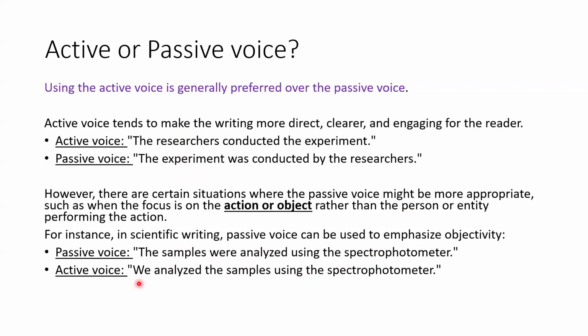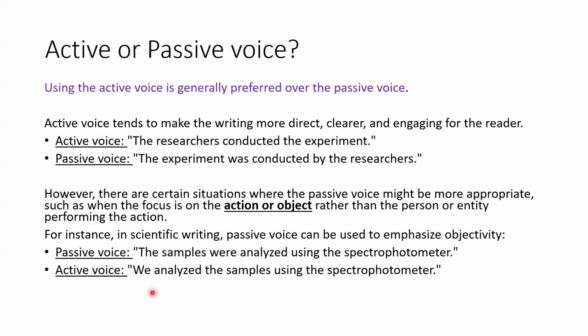So if your idea is to say that the samples were analyzed using a spectrophotometer rather than saying what we did, right? But if your focus is on how samples were analyzed, use passive voice, right? So there's no hard and fast rule, but when you write the thesis, please make sure that your write-up is clear, right?